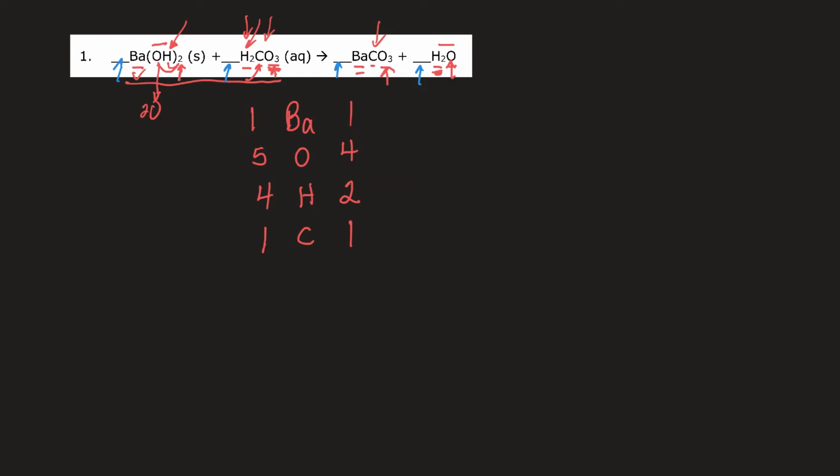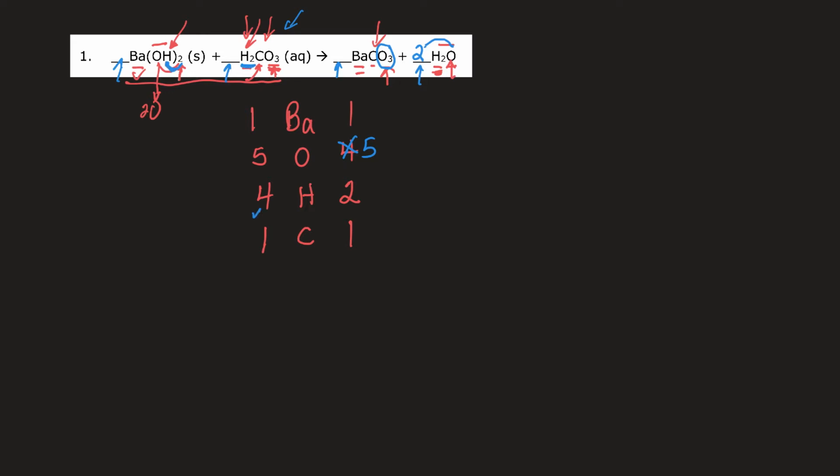Oxygen, so I have 5 oxygens on this side. If I put a 2 here, that's going to give me an extra oxygen. Let's count up your oxygens now. So I'd have 3 from here, plus another 2, so that would be 5 on this side. Same, right on. Let's check the hydrogens. So here I've got 2 hydrogens plus another 2, so that's 4.